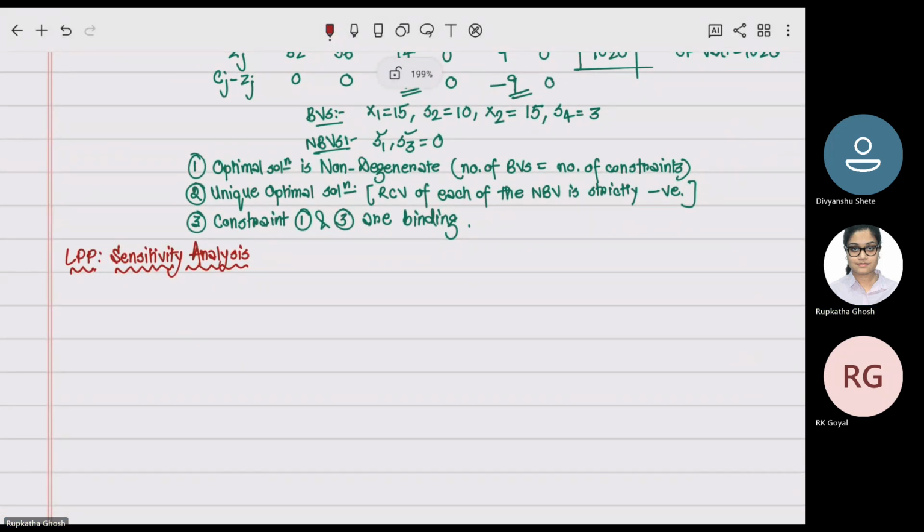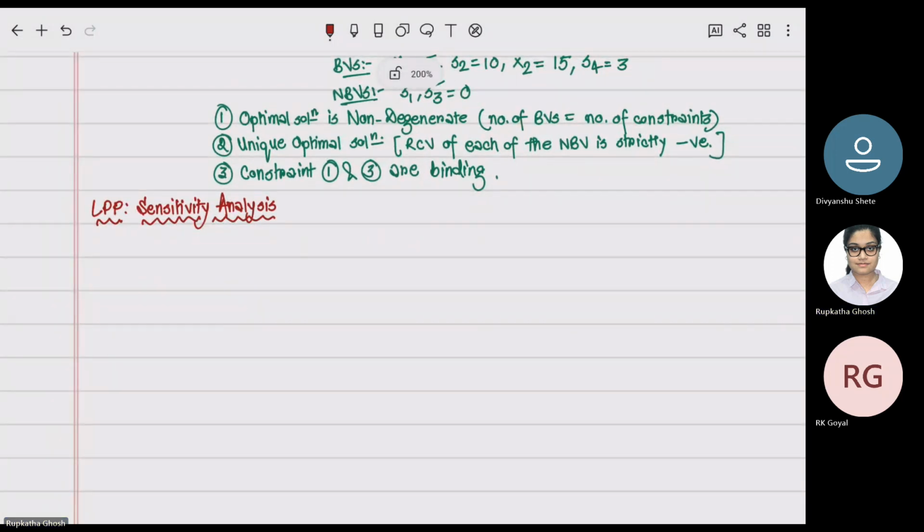So every time these values change, you would not go back and resolve the entire model. This is where sensitivity analysis comes in handy. Why? Because we are measuring the sensitivity of the solution when the input values change.